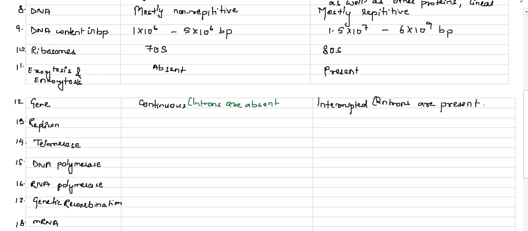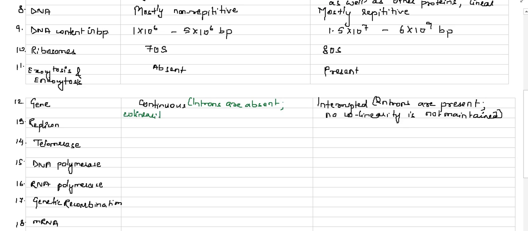Okay, and there is no collinearity. Collinearity is not maintained in eukaryotes. But in prokaryotes, collinearity is maintained.